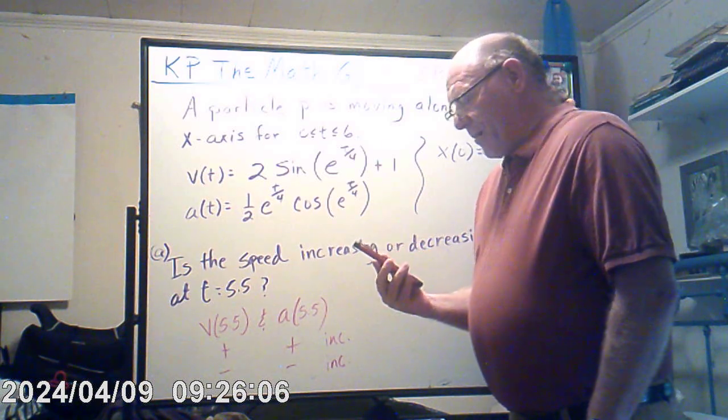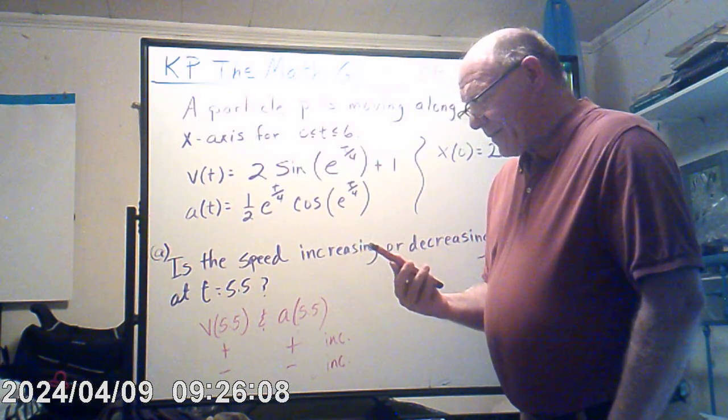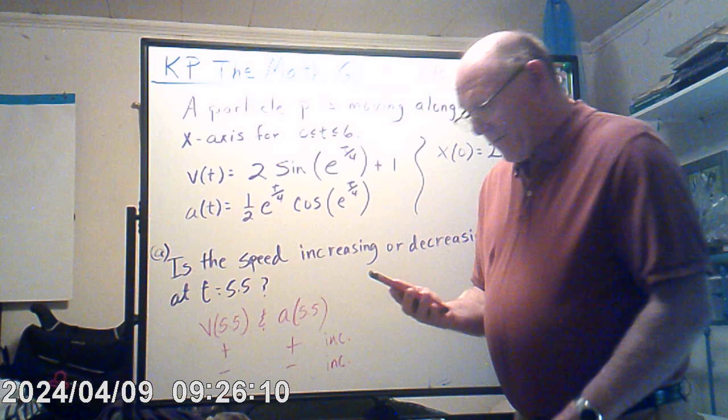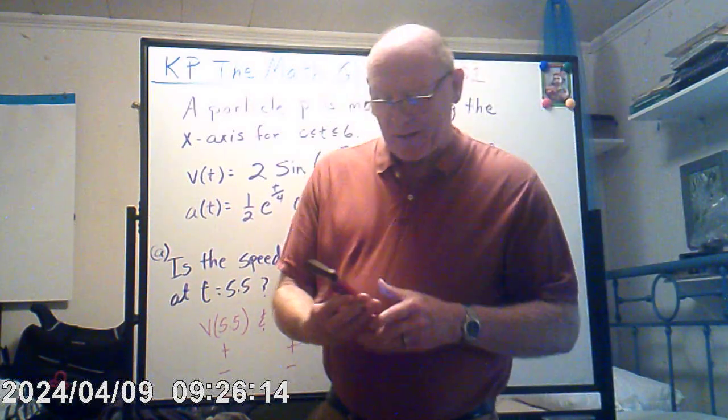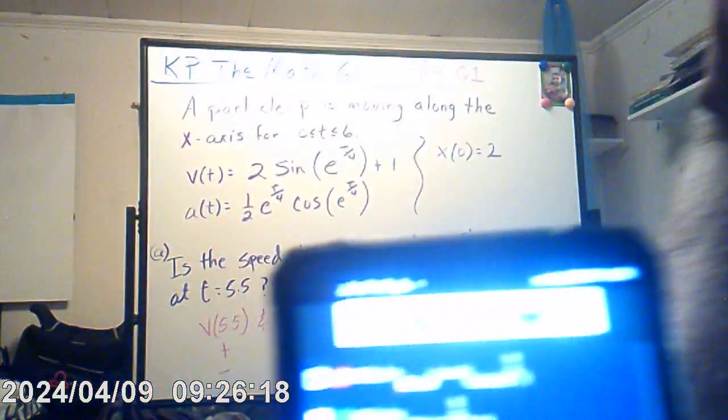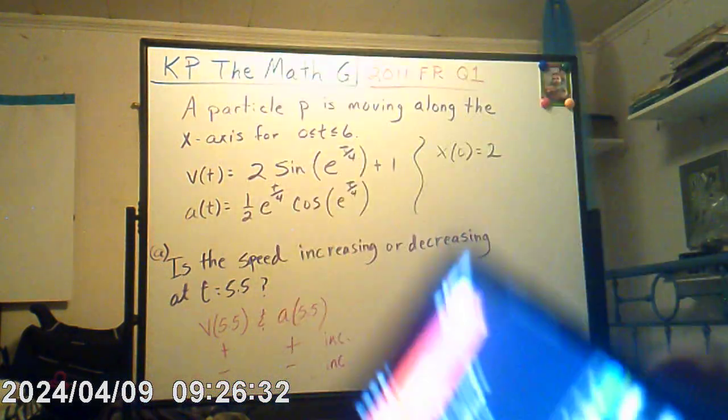Don't know why, but I did that. I don't know if you can see this. Let me see if I can get it to you where you can see this. This is on my phone. The two functions are in y sub 0 and y sub 1.